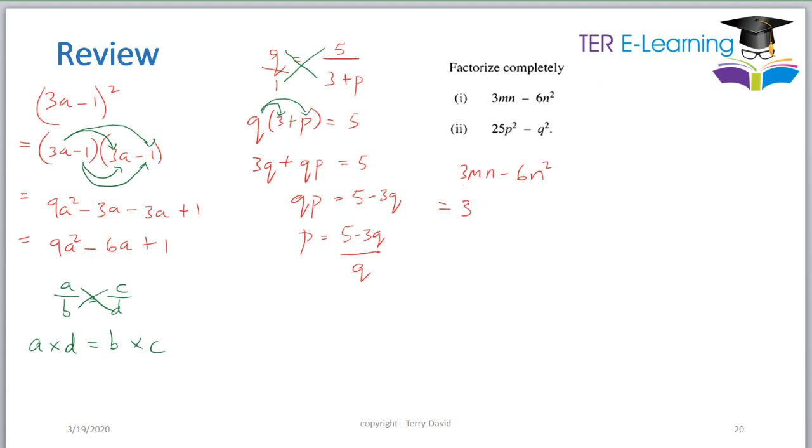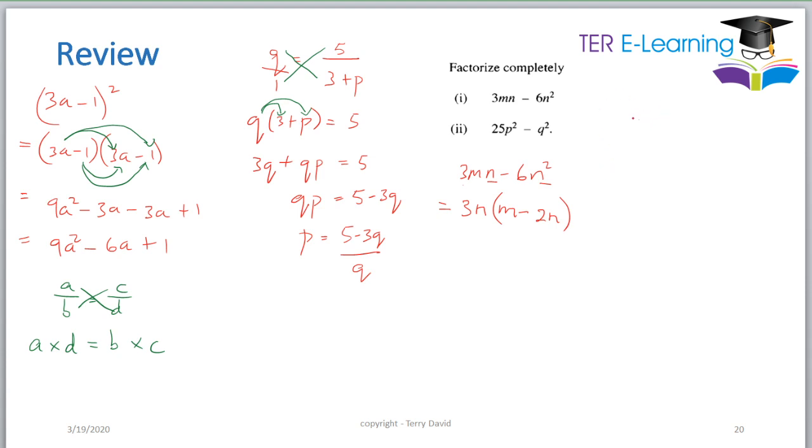M is not common to both of them, but you have an n and you have an n squared here. So therefore the HCF in this case is 3n, right? So therefore what is going in the brackets will be m minus 2n, right? And that's as far as we can factorize this.